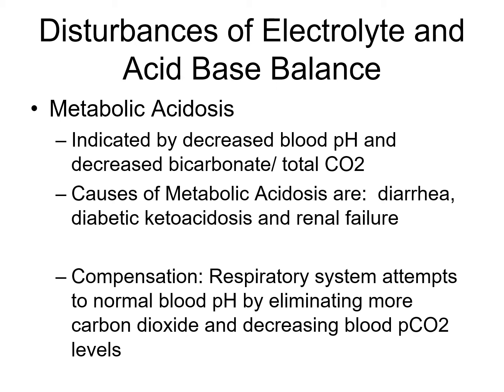So there is a decrease in the pH of the blood, and at the same time, the bicarbonate and the total carbon dioxide level is also lowered. The most common causes of this condition are the following: diarrhea, diabetic ketoacidosis, which may be found in people with diabetes mellitus, and renal failure.